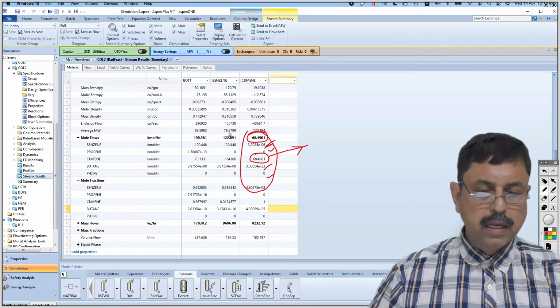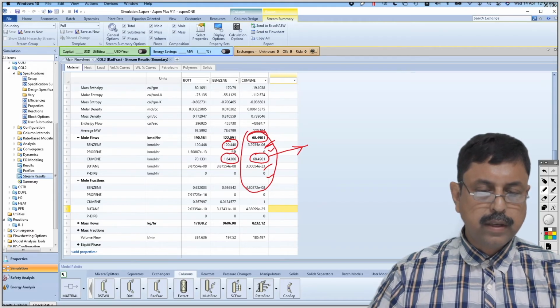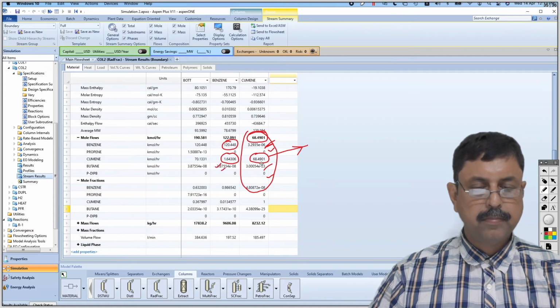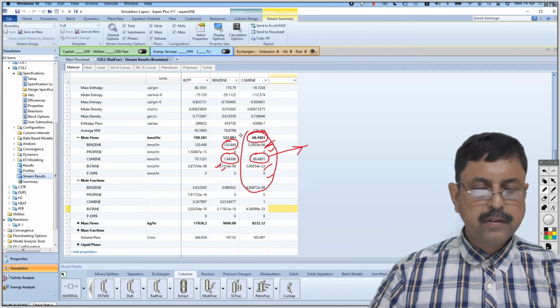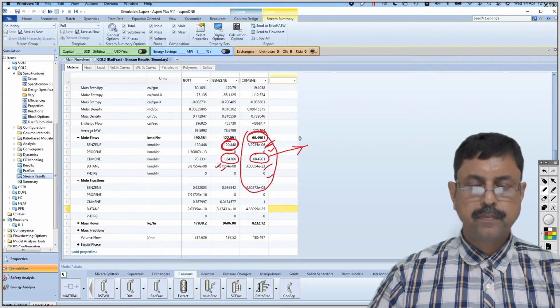But what about the benzene line? Again, benzene line will also have almost everything benzene except small quantity of Cumene that is going through the benzene line, and butane is almost nothing over here. So this is the difference between benzene line and Cumene line. Our target is to utilize this benzene, because benzene we cannot throw.